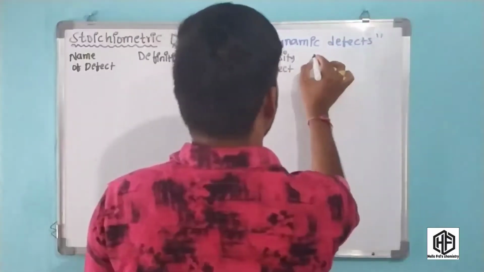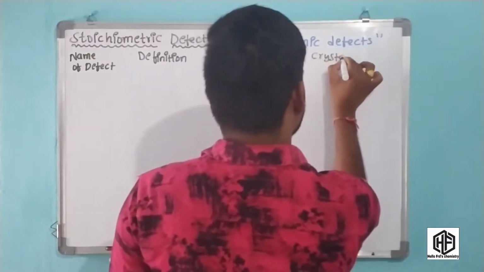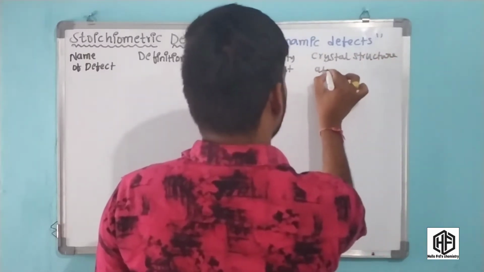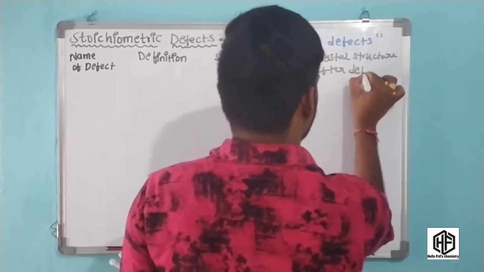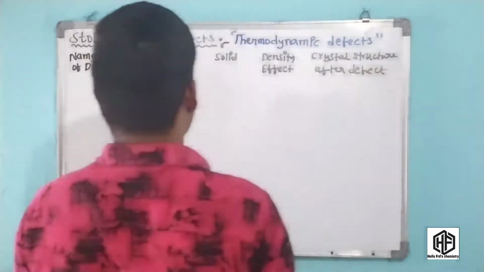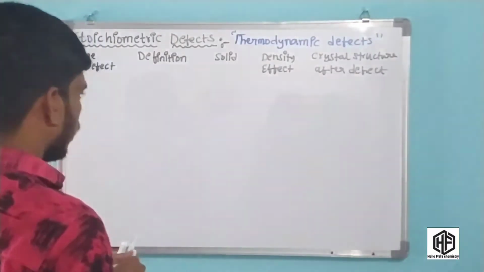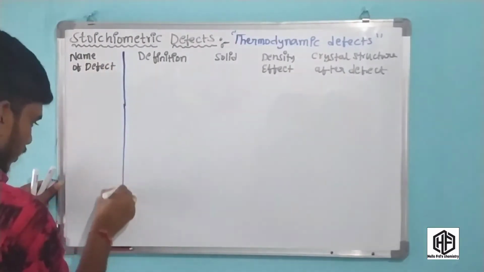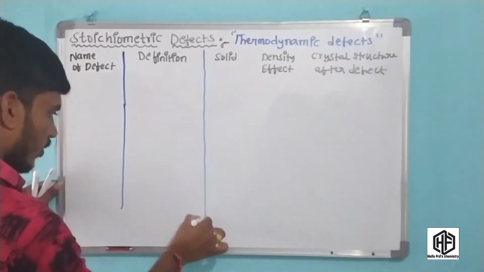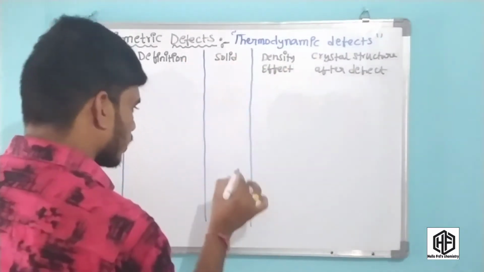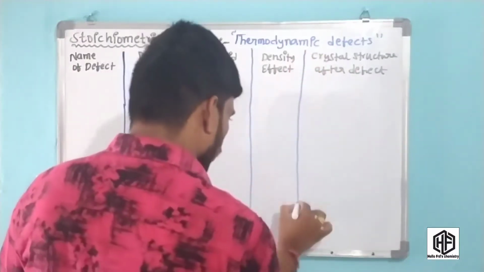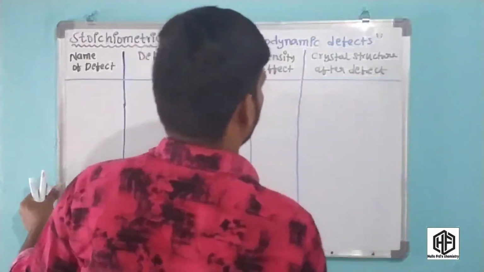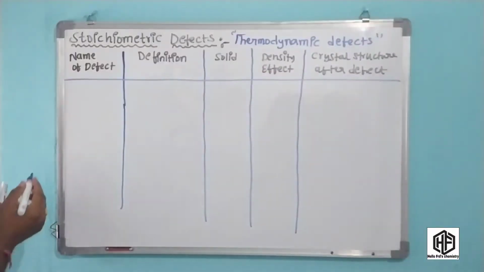Finally, I am drawing the crystal structure after the defect. These are the points I discuss in this video: the name of the defect, its definition, what type of solid shows it, the density effect, and the crystal structure after the defect.